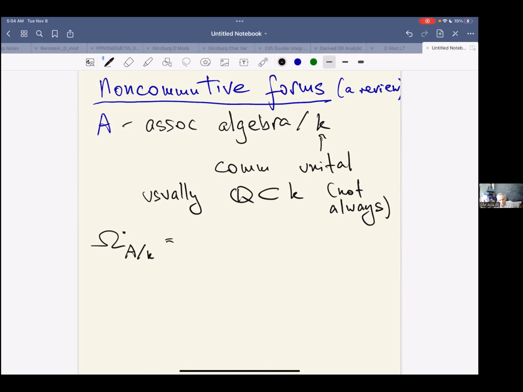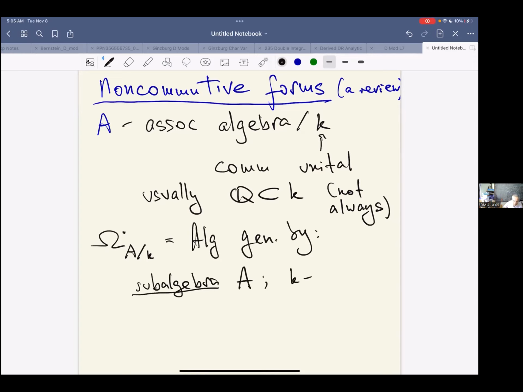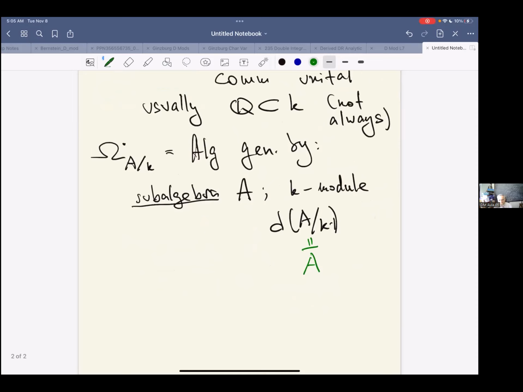So you generate an algebra by A, which you view as a subalgebra, and K module D, which you write as A over K, or A over K times 1. And maybe let me, for the future, say that you denote this reduced thing by A bar.